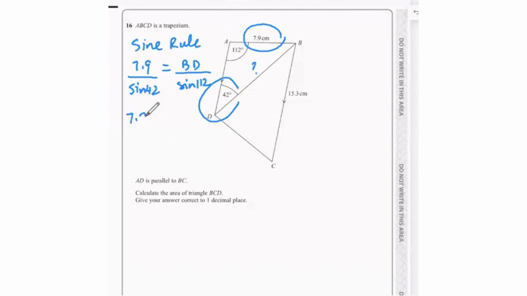Cross multiply: 7.9 times sine of 112 over sine of 42 equals BD. When you plug this in the calculator, you should get 10.95 centimeters for BD.